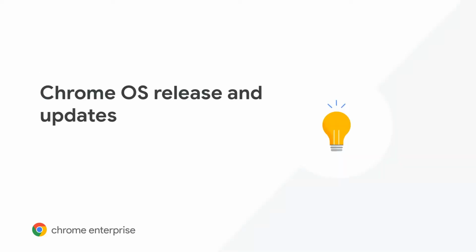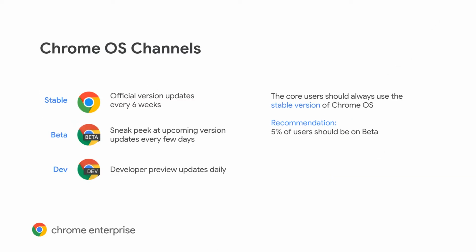Chrome OS release and updates. Chrome OS has a couple of different channels. There's the stable channel, which is the official version, and that updates every 6 weeks and comes with new policy, new functionality, and things like that.